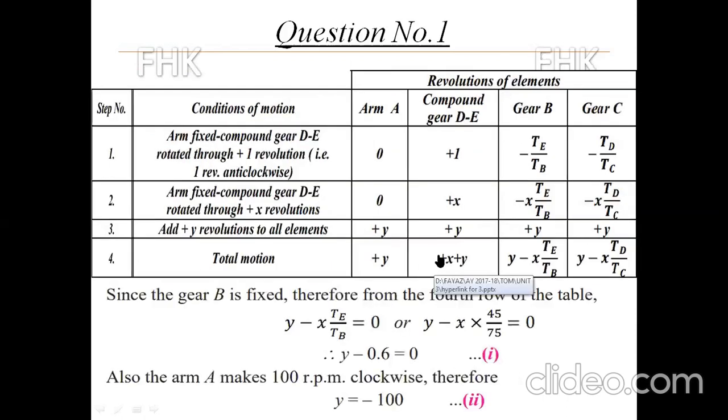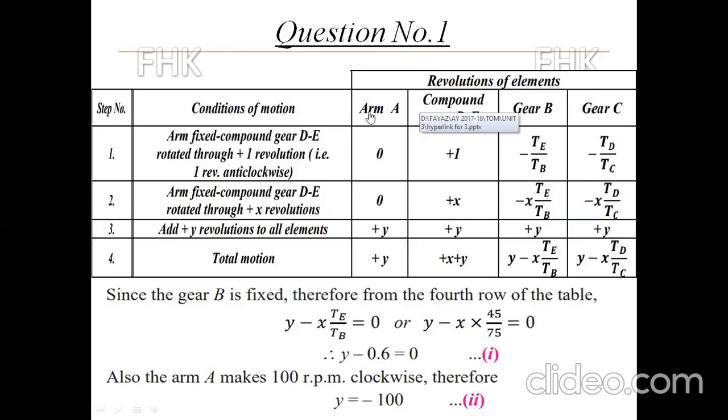Now come to the problem solution. I am writing the table in which in the vertical column I write the condition of motion, and in the horizontal I write all the elements of the gear train.